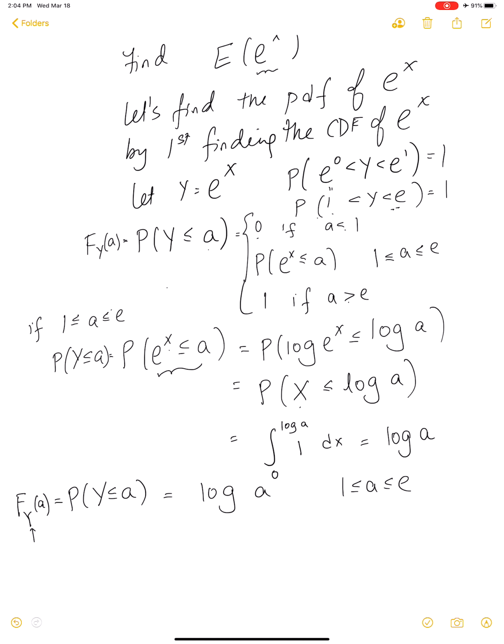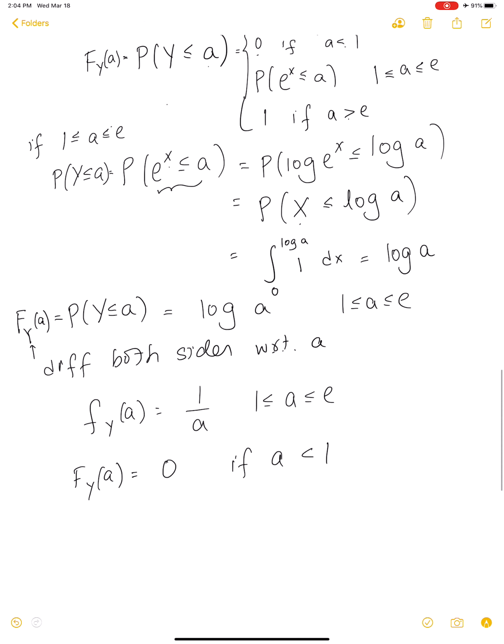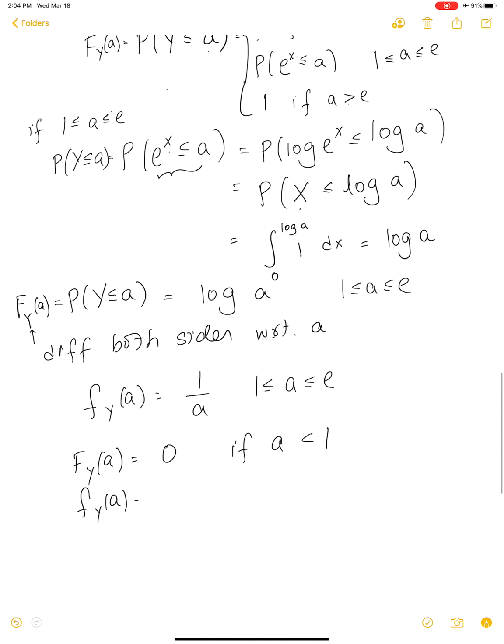Okay, so we have this, and using this, we can differentiate both sides with respect to a, and what do we get? We get that f sub y of a is 1 over a if a is between 1 and e, and f sub y of a is 0 if a is strictly less than 1.